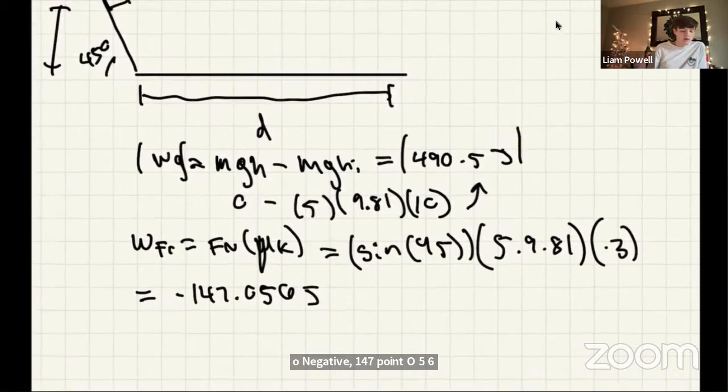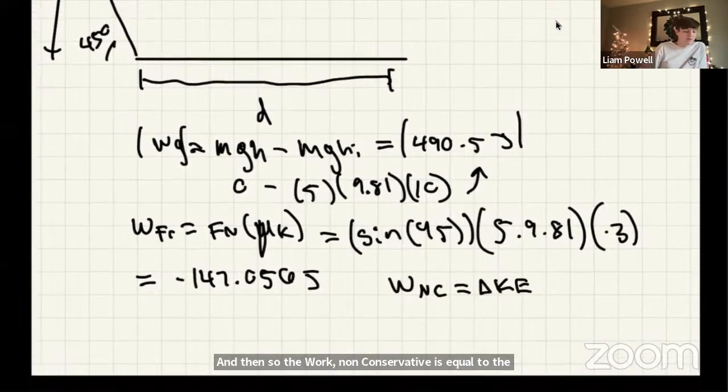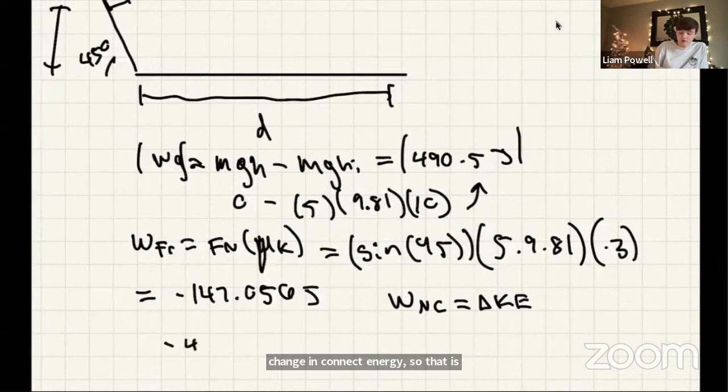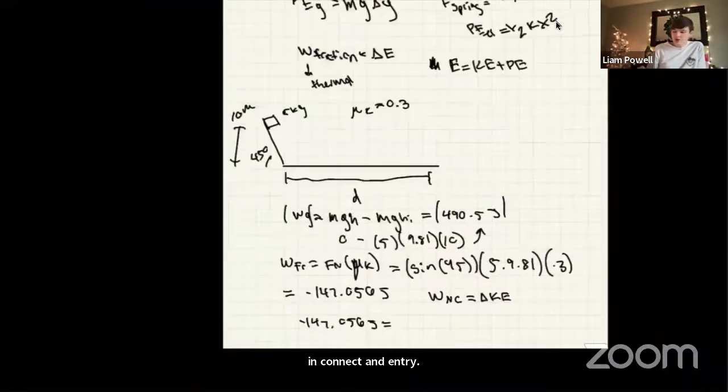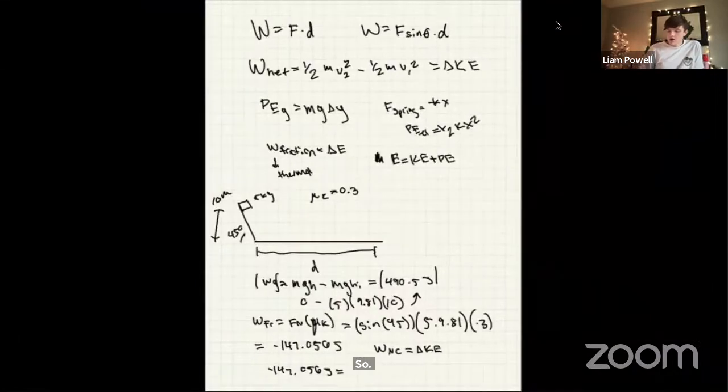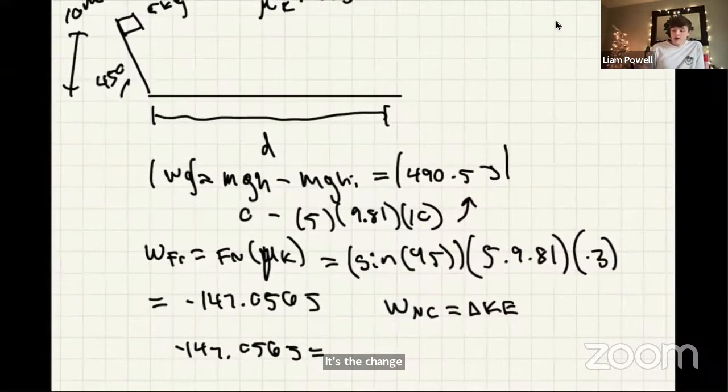And then the non-conservative work is equal to the change in mechanical energy. So that means that this negative 147.056 joules of energy that was lost is equal to the change in mechanical energy.